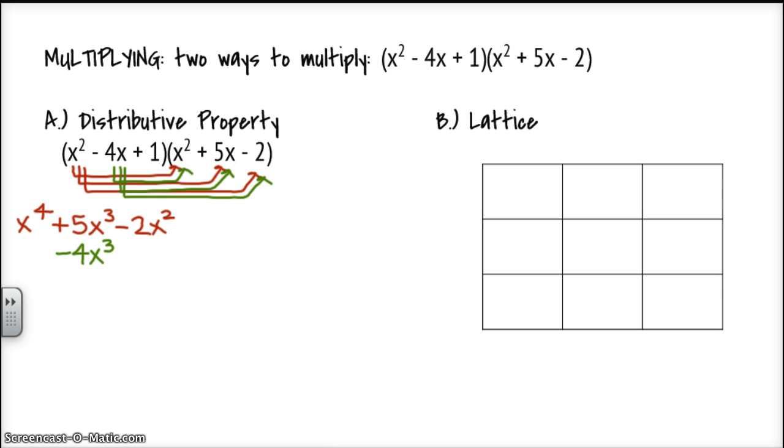Now notice, I'm trying to organize so that my like terms line up perfectly. That's the look I'm going for. Negative 4x times 5x is negative 20x squared. And negative 4x times negative 2 is a plus 8. So I just travel that negative 4x to everything in that second group.